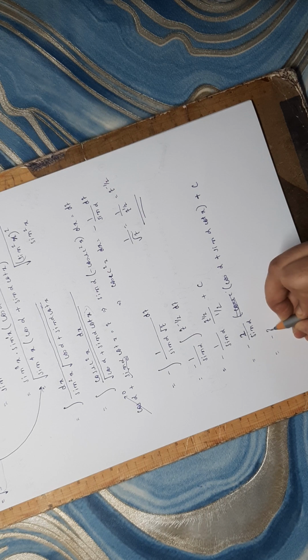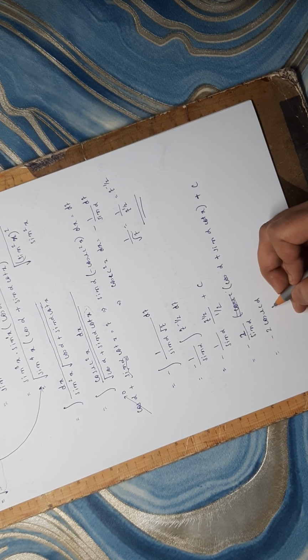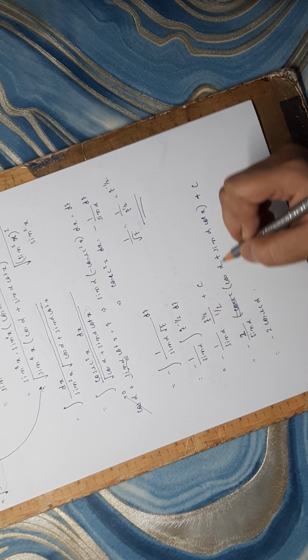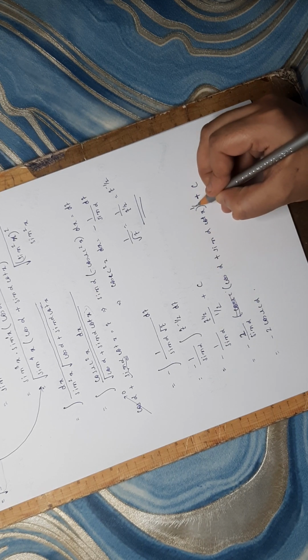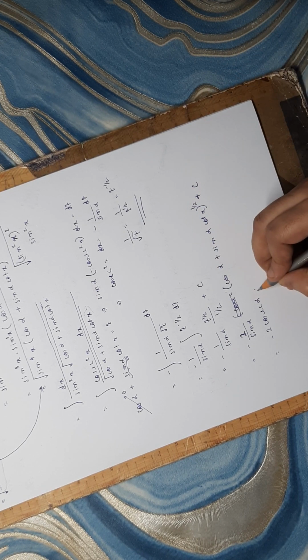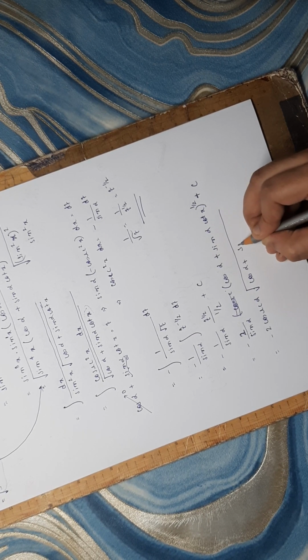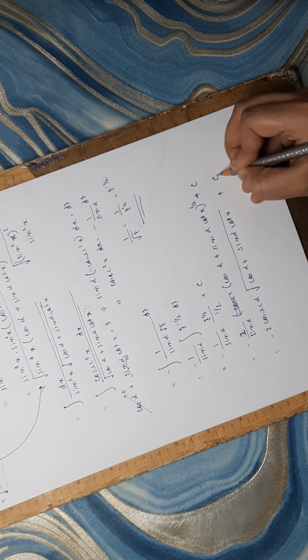Finally, you can replace 1 by sin alpha as cosec alpha, because we know that 1 by sin alpha is nothing but cosec alpha, into this part, which was to the power half. So we will get a root of cos alpha plus sin alpha cot x plus c.